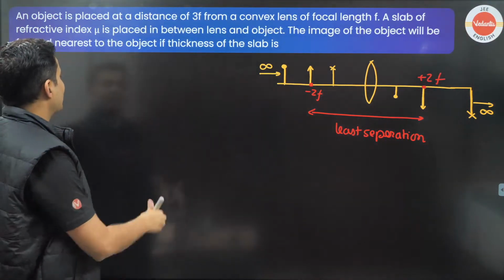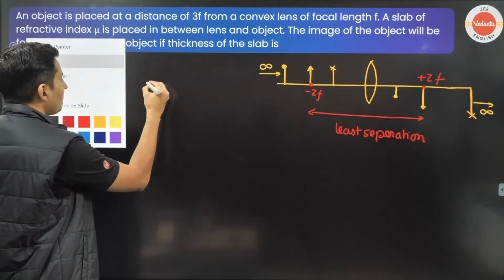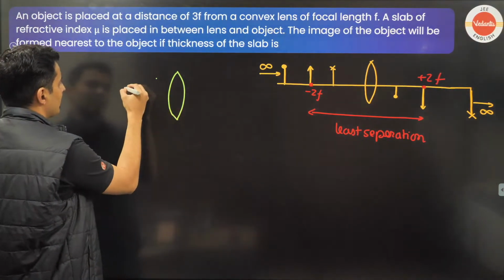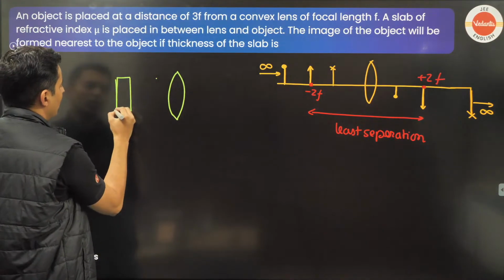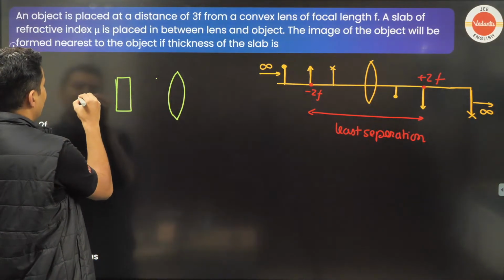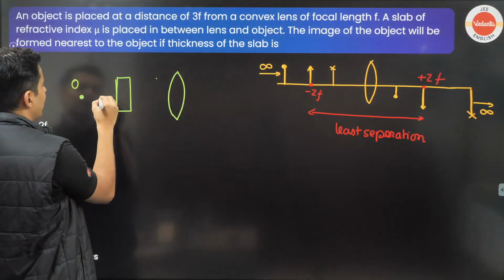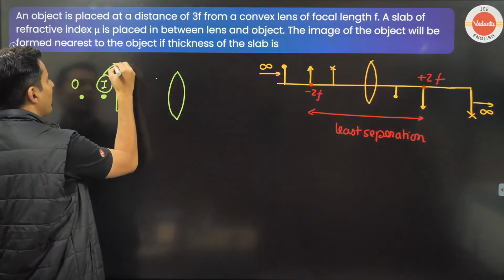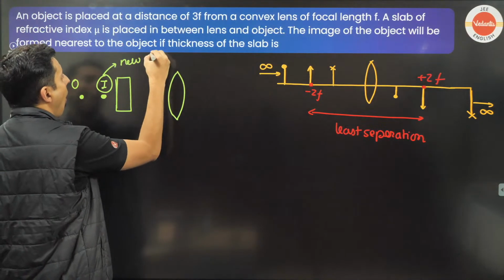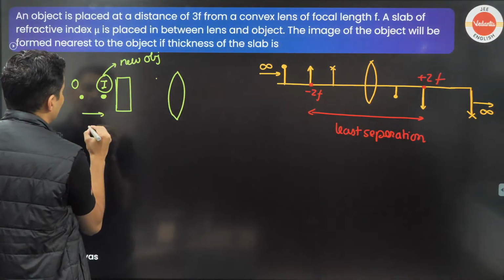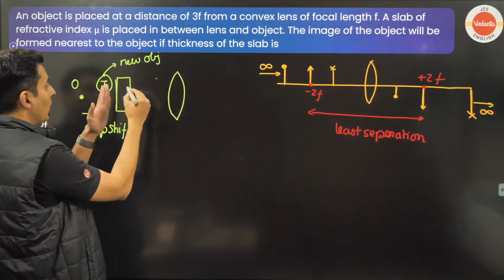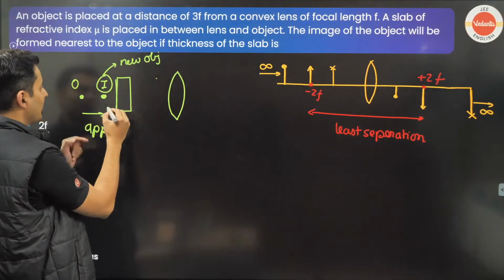Okay, so as per this particular question, you have the lens, you have a glass slab. So what that glass slab will do, the object's image will be formed over here. Now this image becomes the new object. This is basically your apparent shift which has happened because of the slab over here.